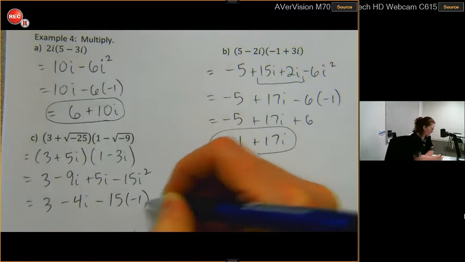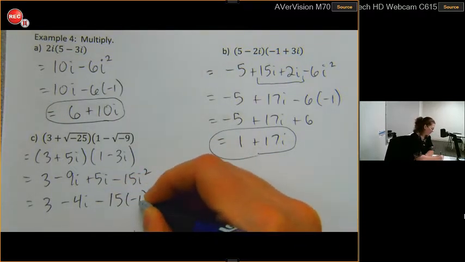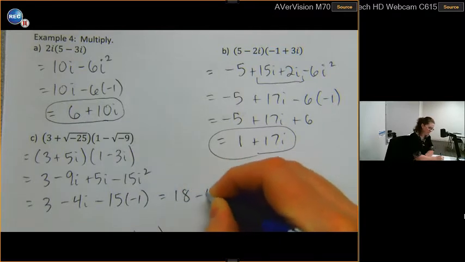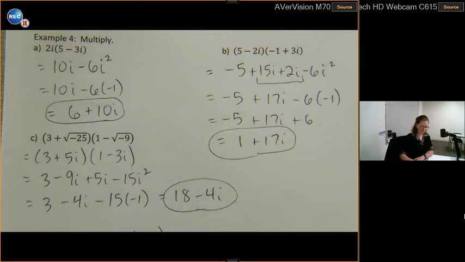Change i squared to -1. So it's going to be +15 plus 3 is 18. Write your answer in standard form, which means we have the i after the 18.